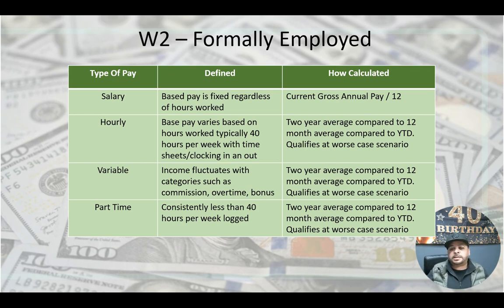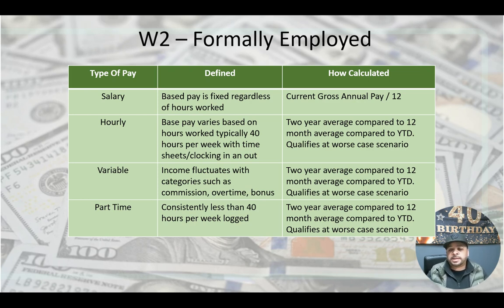So in this case, and actually the next two as well, you're going to be looking at a 2-year average compared to the last 12-month average, and then again compared to the year to date. And whatever falls in worst case scenario, that's what you're going to end up using for the qualifying income. So in some cases, you may have a situation where you got a pay raise from one year to the next or mid-year or whatever the case may be.